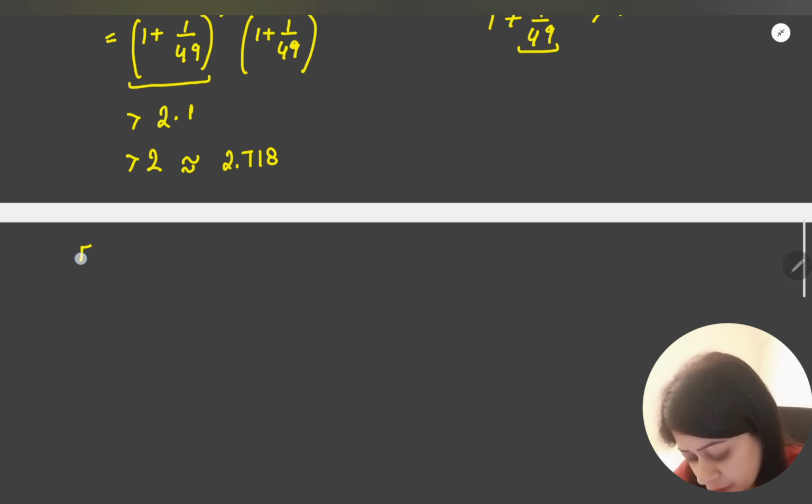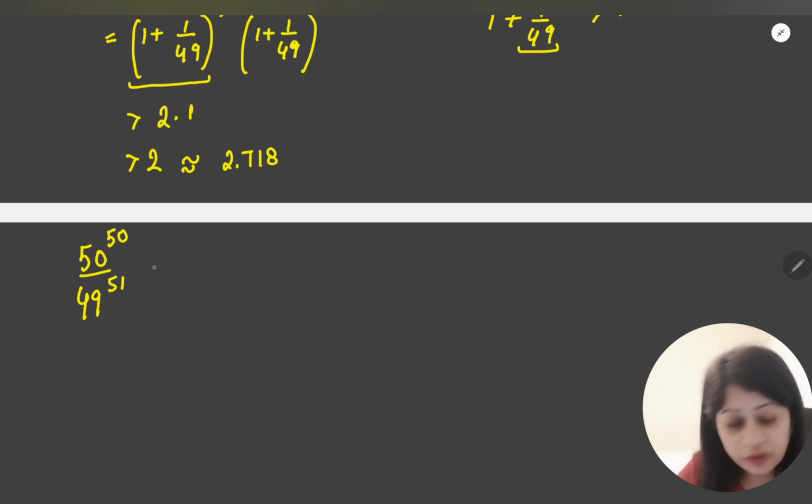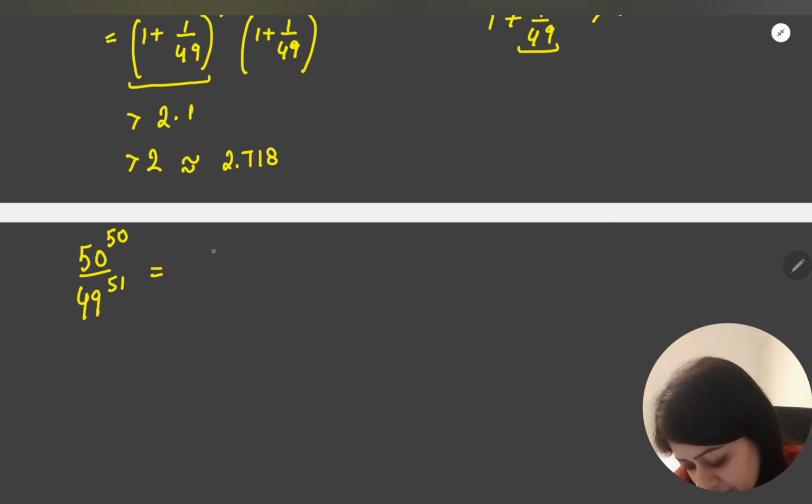What was our left hand side? Left hand side was 50 raised to power 50 by 49 raised to power 51. And what was our right hand side?